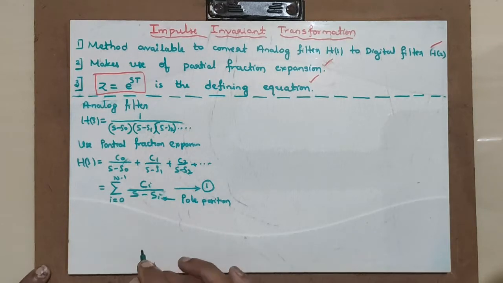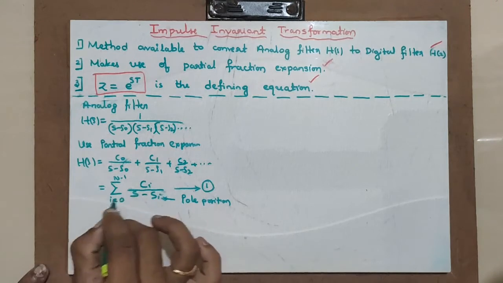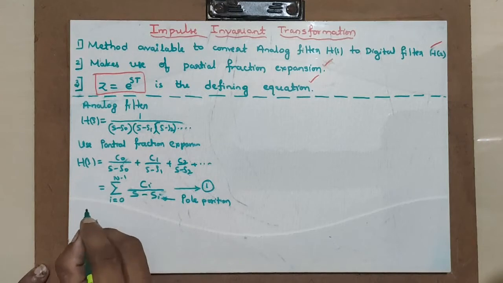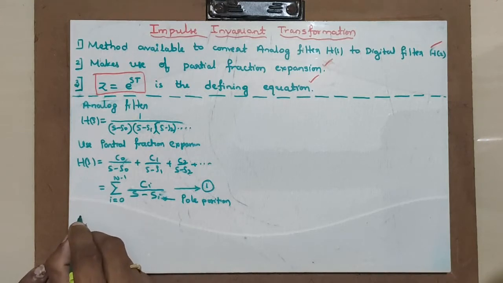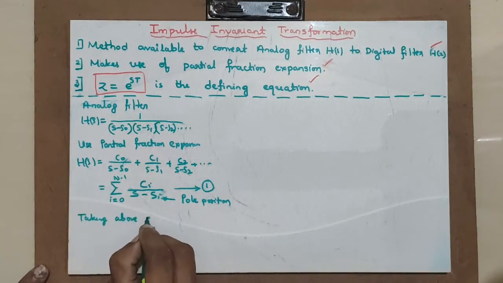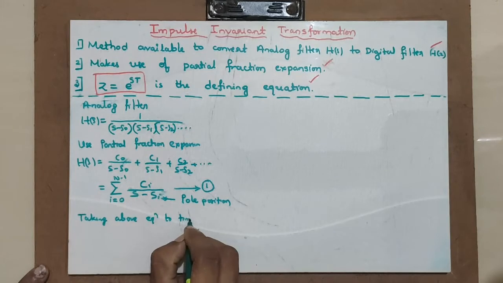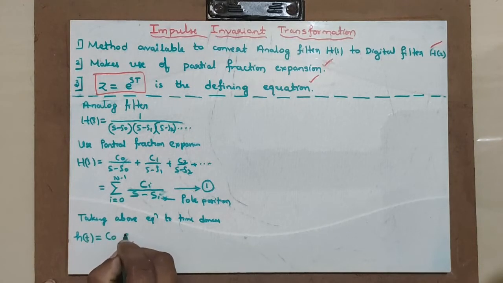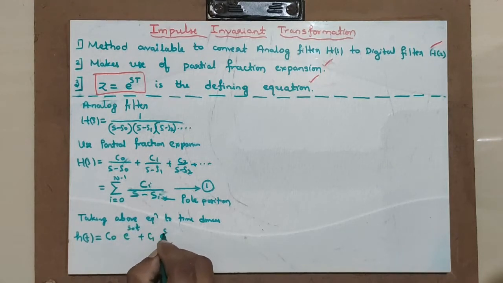Now H of S is resulted in this manner. Let us take this above equation to the time domain, that means I will find H of t from H of S. H of t is equal to C0 e raised to S0 t plus C1 e raised to S1 t plus so on, correct?